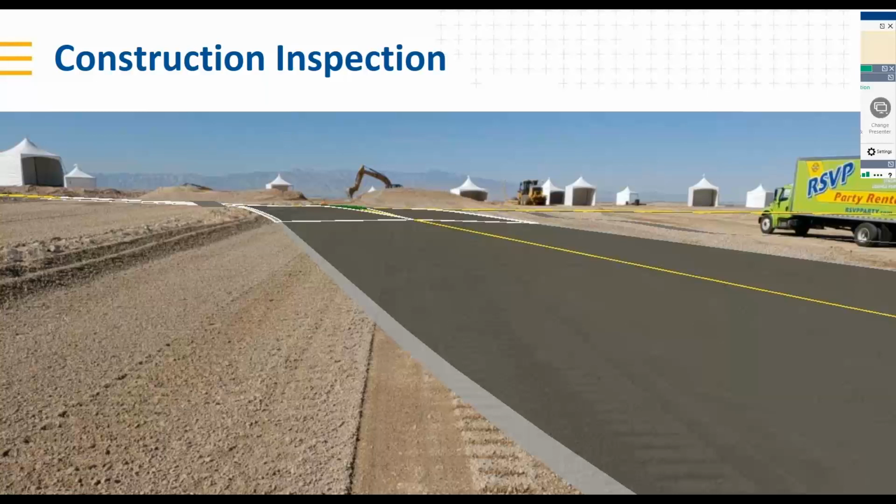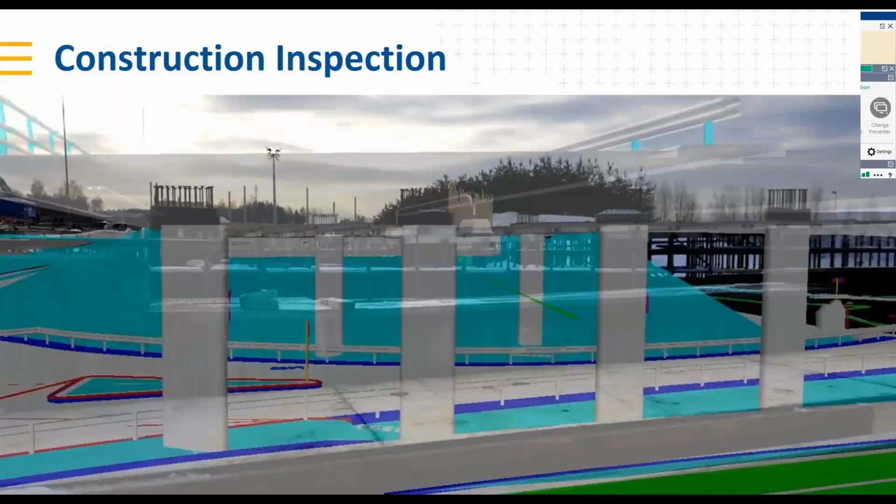Another case is the construction inspection. So you can take your data and see what will come in the future. You can also familiarize staff with the site. You can view changes to the construction plans before they happen. It can be used for safety reasons as well, to simulate evacuation and emergency routes, confirm and verify structure, and it can also be used for inspection purposes here as well, either progress or quality control inspection.